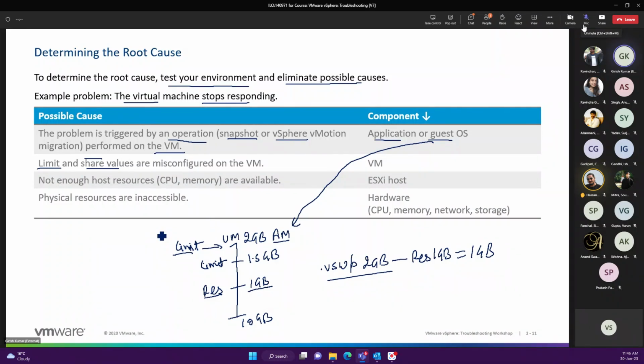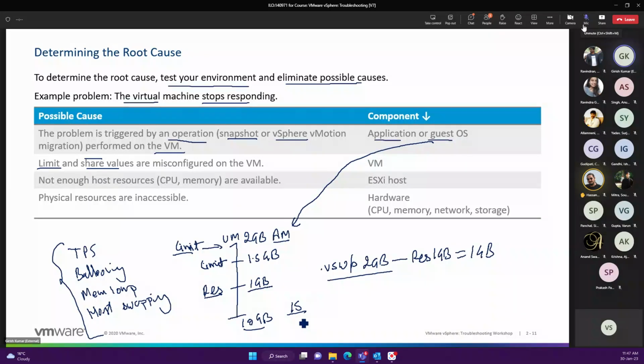No, we have 4 different memory reclamation categories: TPS, ballooning, memory compression, and host swapping. These are all used whenever you have contention. Demand becomes higher than what you have. Demand becoming 15 GB from multiple virtual machines, but you have 10 GB available, how are you going to distribute among all 15 virtual machines?